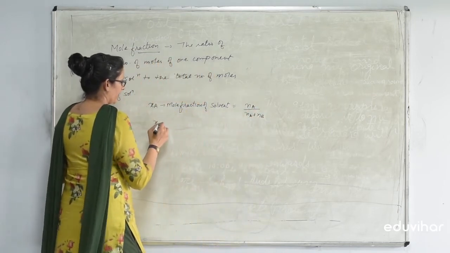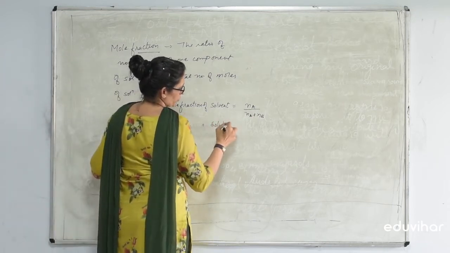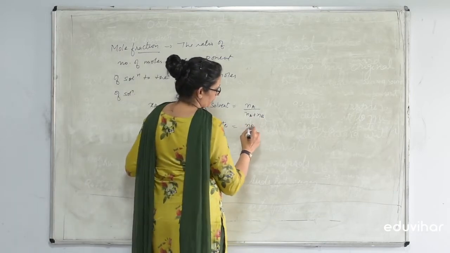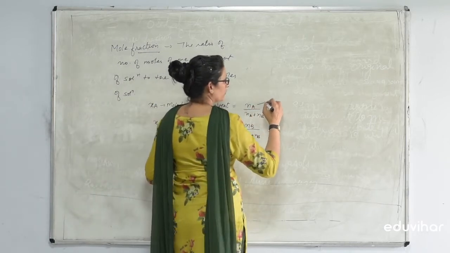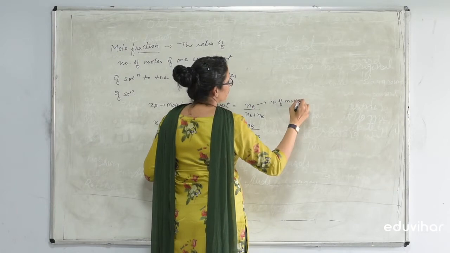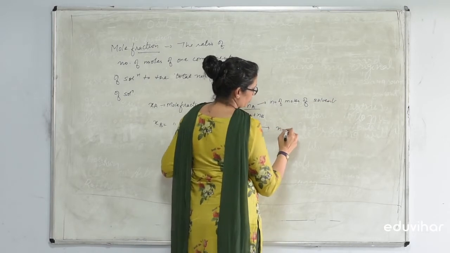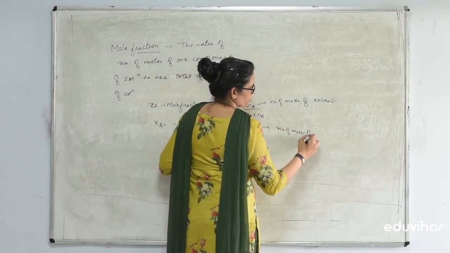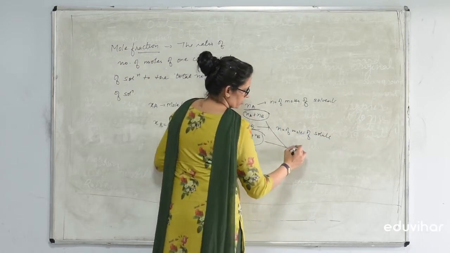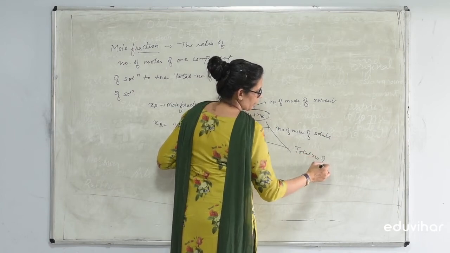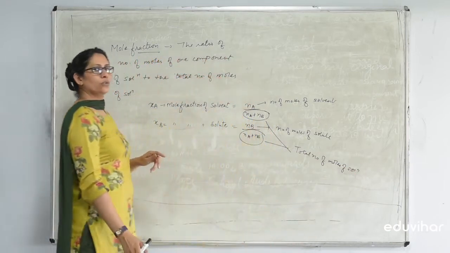Xb is the mole fraction of solute, equal to Nb upon Na plus Nb. Na is the number of moles of solvent, and Nb is the number of moles of solute, and Na plus Nb is known as the total number of moles of solution, because a solution contains solute and solvent.